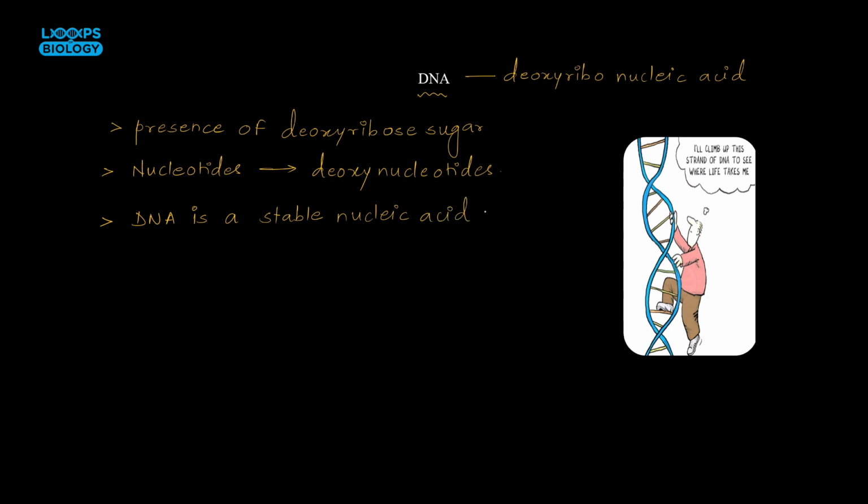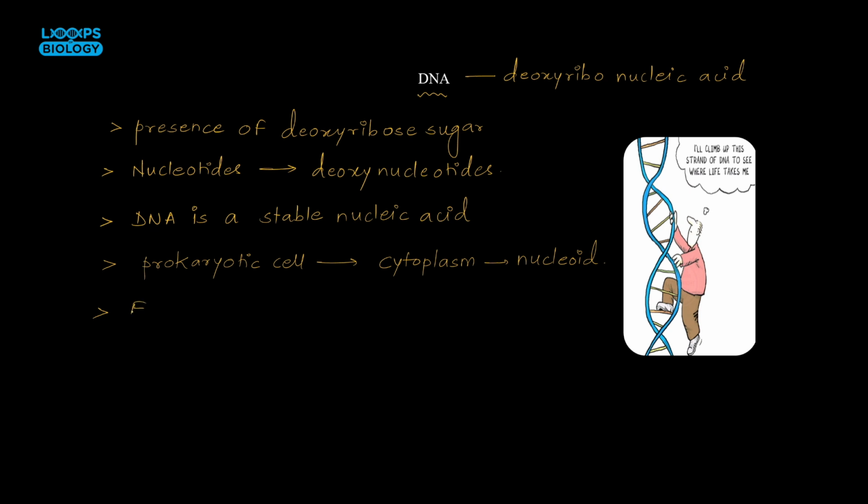Where will you find this particular DNA? If I'm talking about a prokaryotic cell, then in that case you will be finding this DNA in your cytoplasm itself, and the region is called the nucleoid.